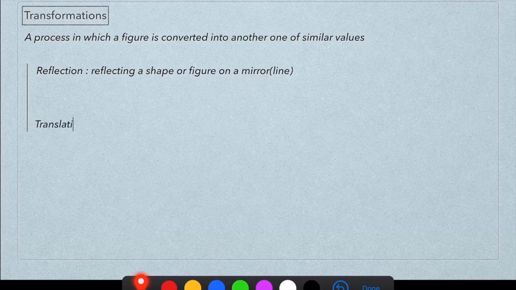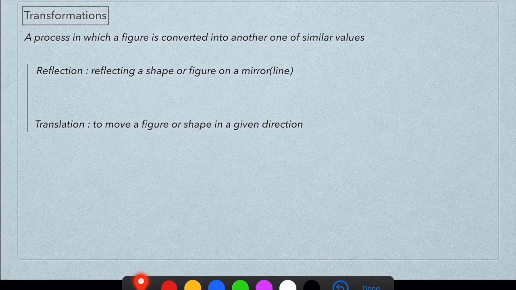The next one, however, talks about translation. So basically, translation means to move a figure or a shape in a given direction. Remember it from the linguistic translation. When you translate something from any language to English, for example, Arabic to English or Kurdish to English, you actually move a sentence, replace a sentence from one language to the destination one.